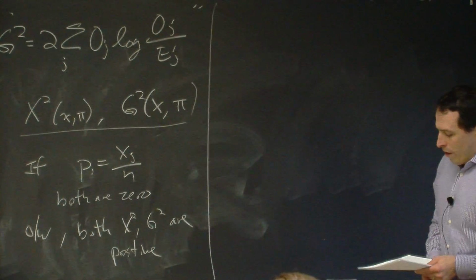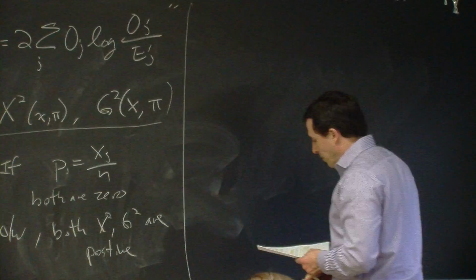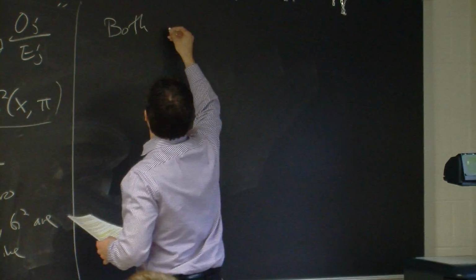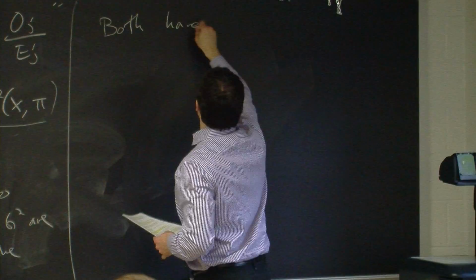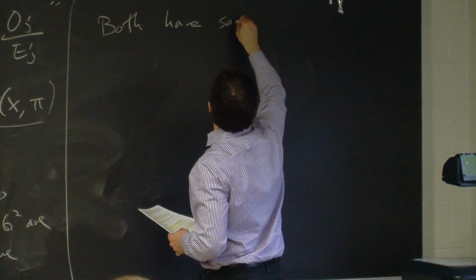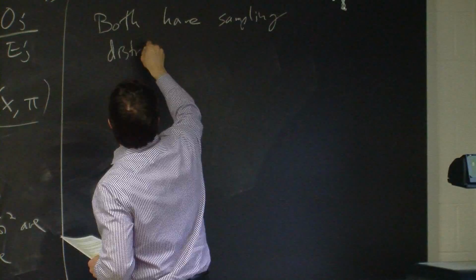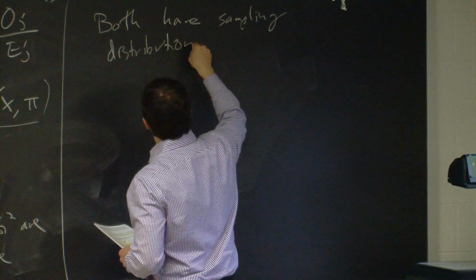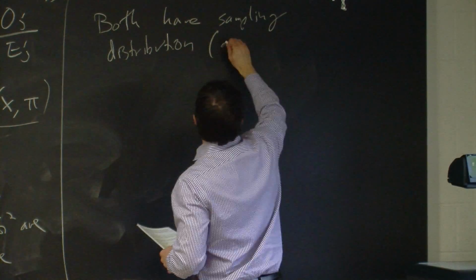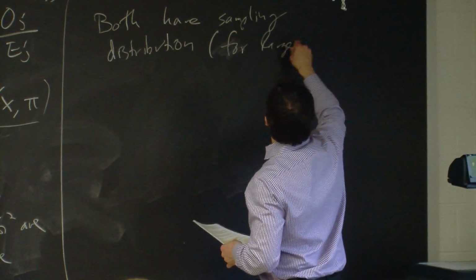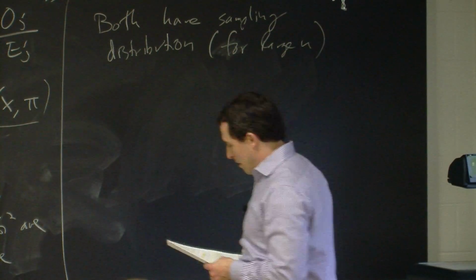we just need to know what their sampling distributions are. And as I'm sure you could guess, given the names, and of course this has to be true for large n, because for small n everything goes wrong.